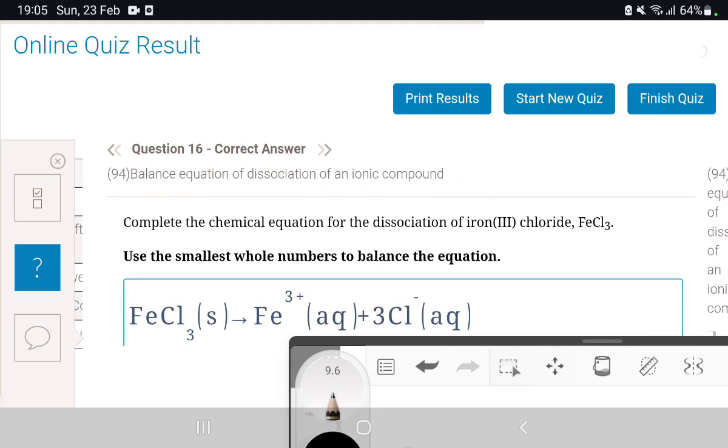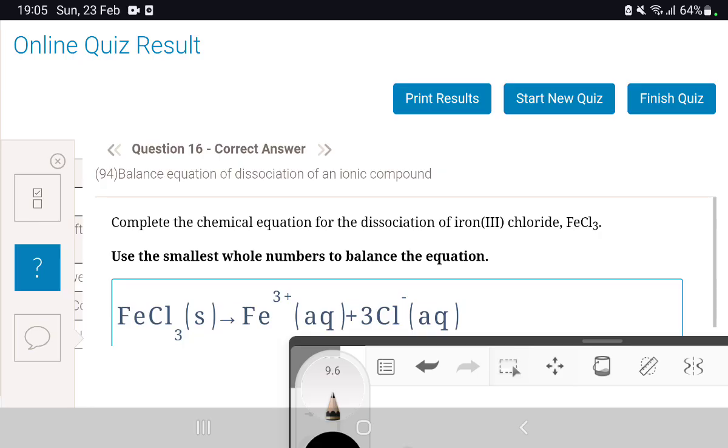Number 16. Complete the chemical equation for the dissociation of iron 3 chloride FeCl3. So here in the normal thing, they'll just give you FeCl3 will give you Fe3+ plus Cl minus. So now here it's really simple.